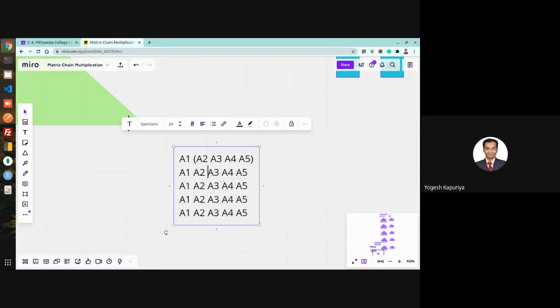Second option you put parenthesis here. Third option is this.